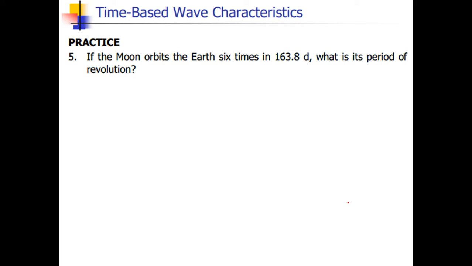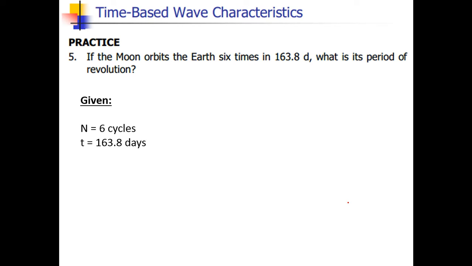This one here says if we have the moon that orbits the Earth 6 times in 163.8 days, what is its period of revolution? Okay, so here we're going to keep it in days because we're dealing with something larger here. We know that it orbits the Earth 6 times, so 6 would be the number of cycles.